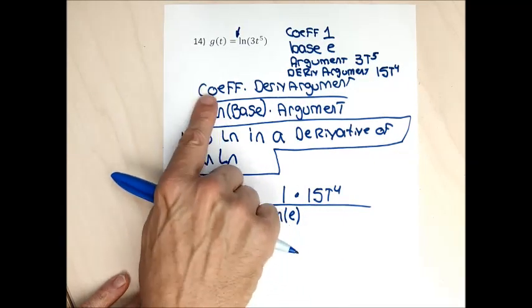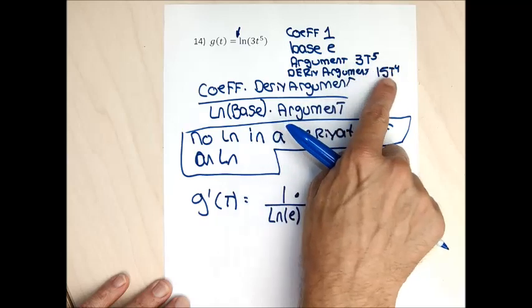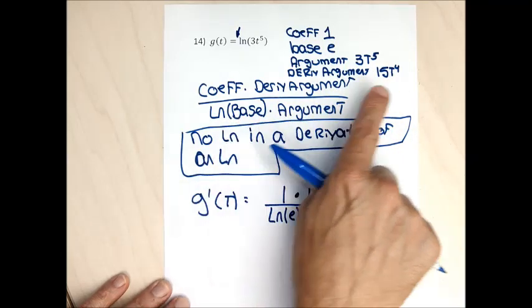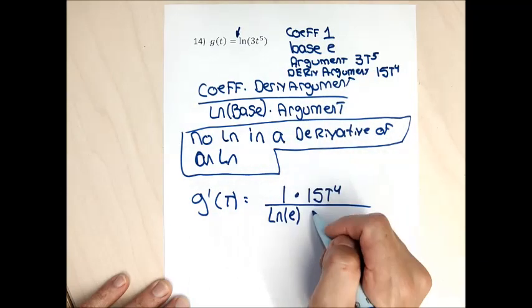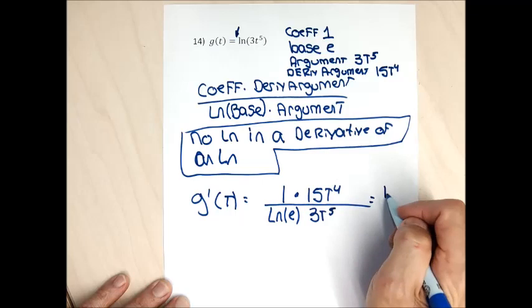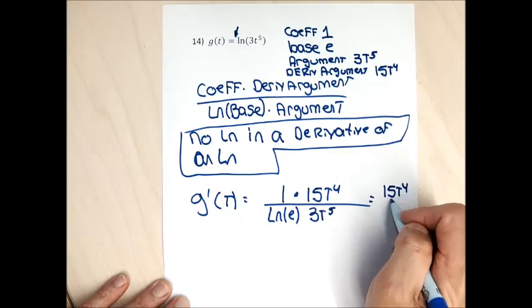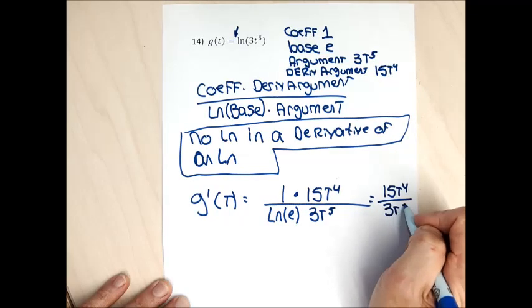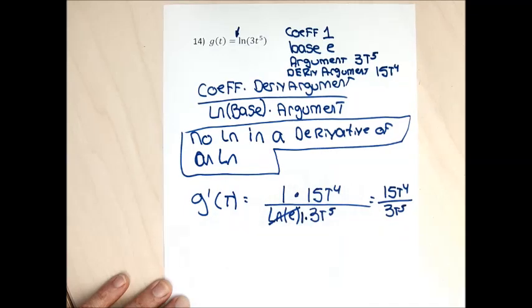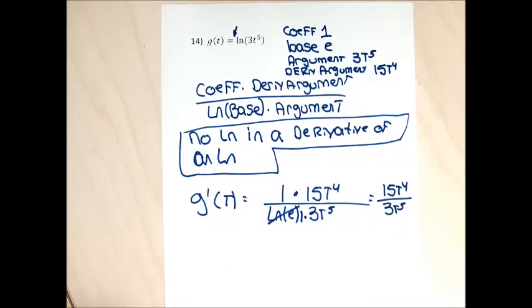So coefficient 1, derivative of the argument, 15t to the fourth, natural log of the base, natural log of e, which is equal to 1, over the argument 3t to the fifth. So this is really just 15t to the fourth over 3t to the fifth because the ln of e is 1. So this is really 1 times 3t to the fifth. I'm just going to reduce the fraction.